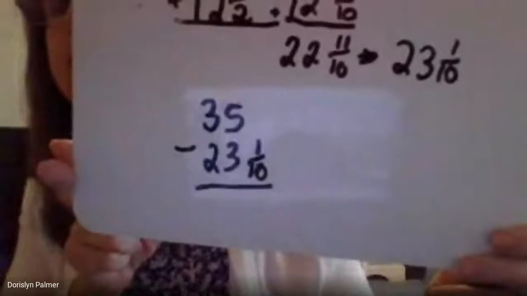Okay. I have to subtract that from 35. So now I have 35 minus 23 and 1/10. I can't take 1/10 away from nothing, so I borrow and make that 34. I'm borrowing 1, which is 10/10.